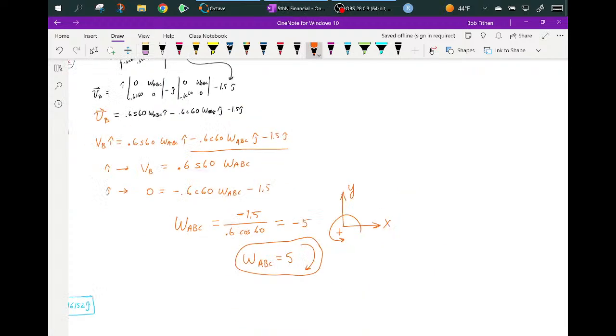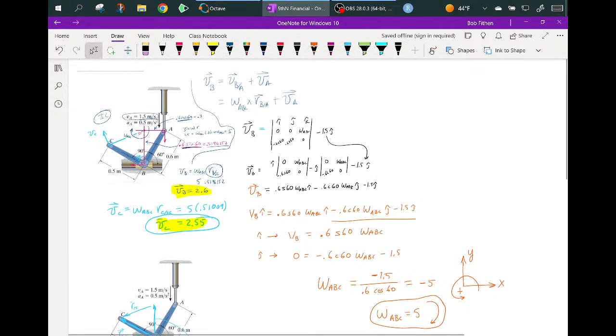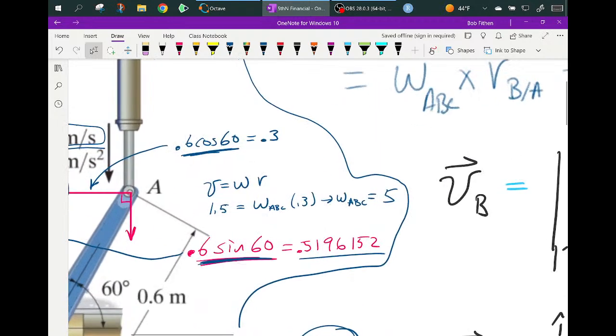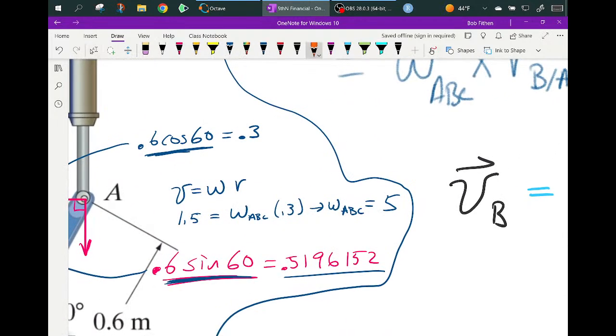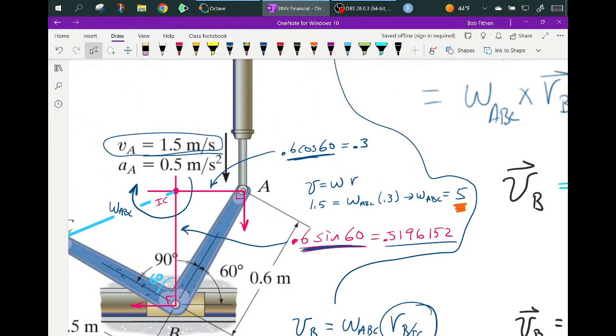Is this consistent with our instant center? First of all, if you look at it, this in fact is consistent with our instant center. The other question is, here's our instant center. This in fact is our velocity.